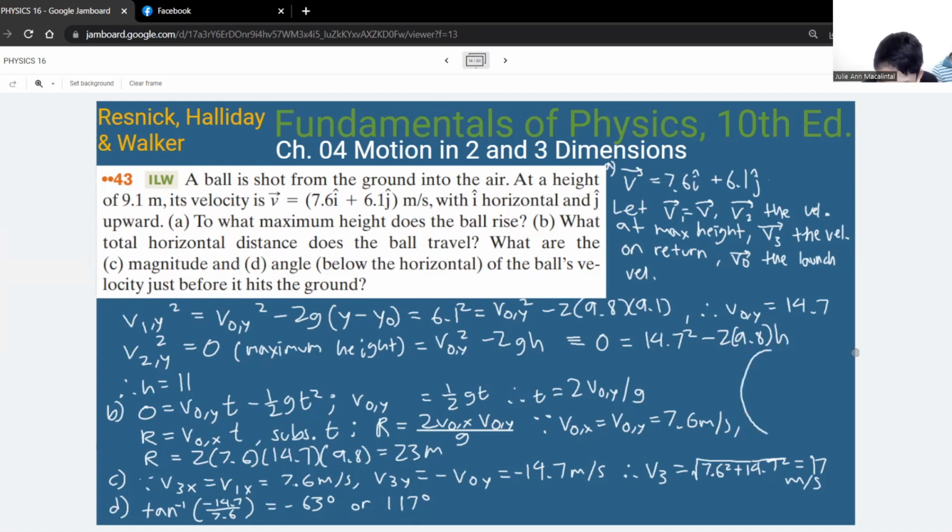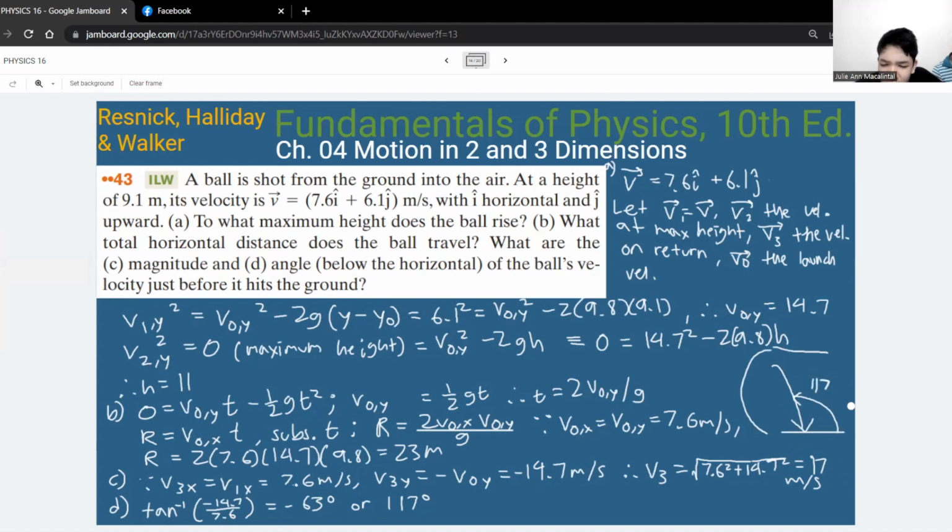So, parabolic siya. Launched up and forward. So, kung 117 degrees, parang mali yung direction. Opo, from the positive x-axis.